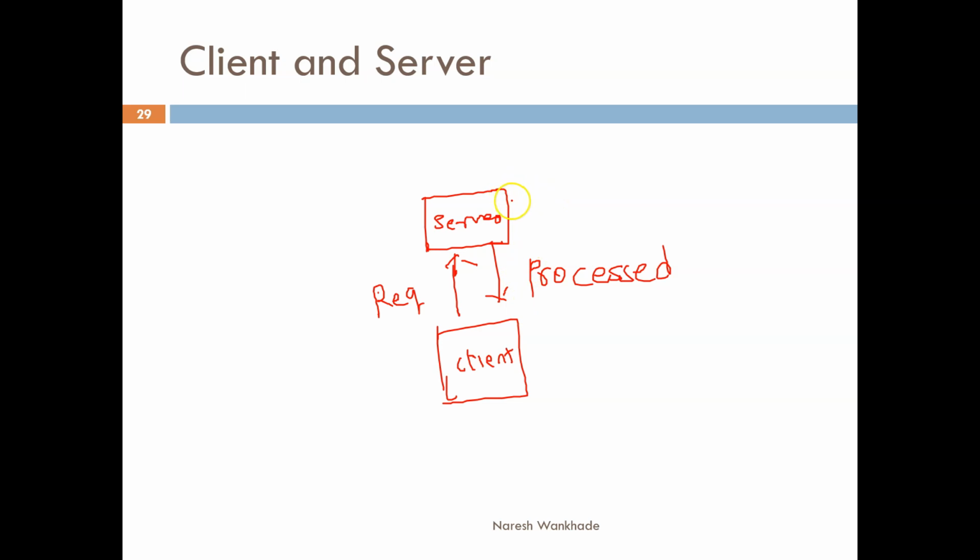So that is the difference between server and client. Another point is that the server is of high configuration and the client is of low configuration. That is another point of difference between the server and client.